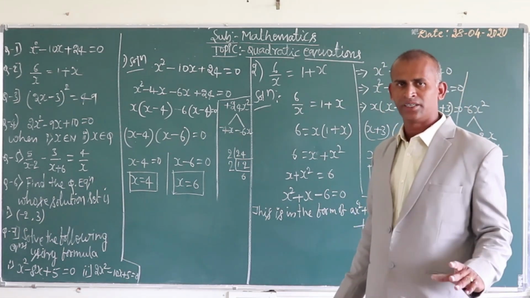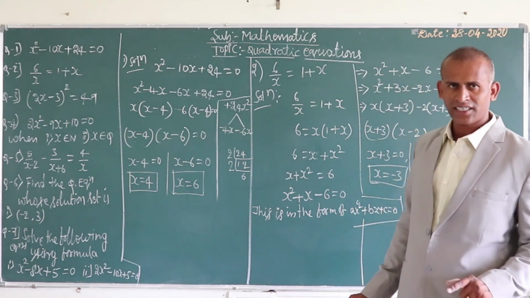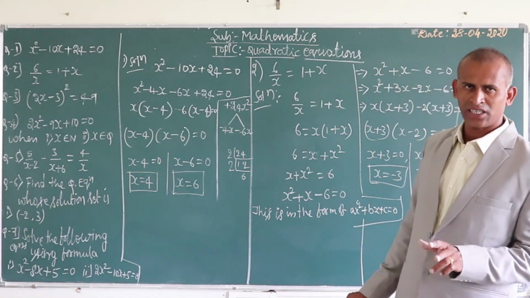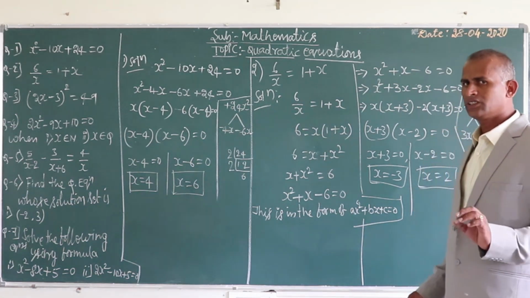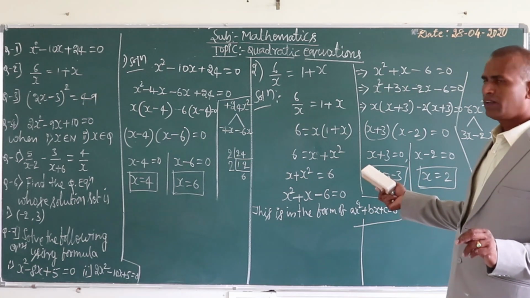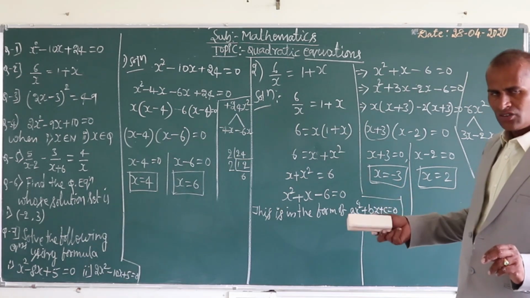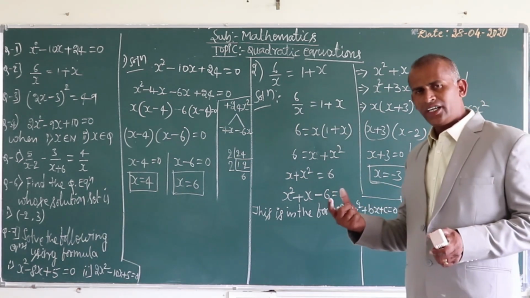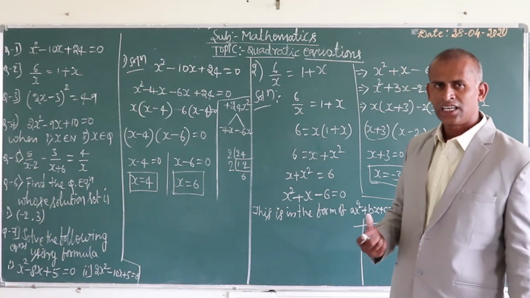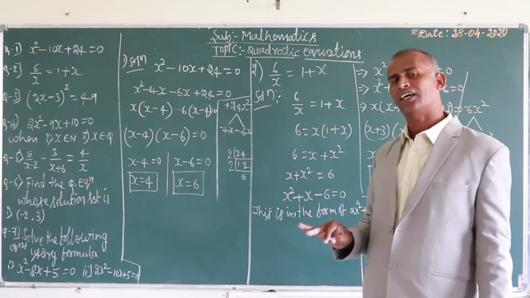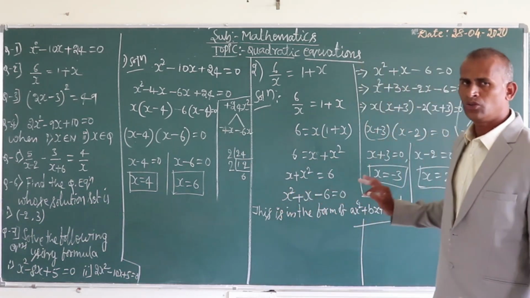But in your syllabus there are only two options: factorization or the formula method. Either of these is compulsory, and they will tell you to solve the given quadratic equation and find the roots to 2 significant figures or 3 significant figures.